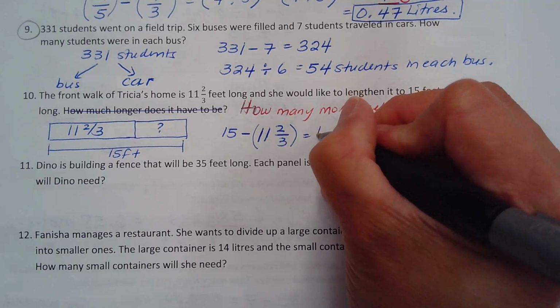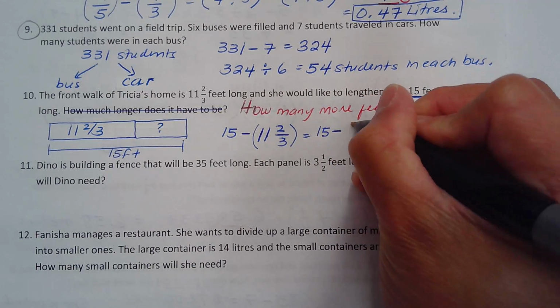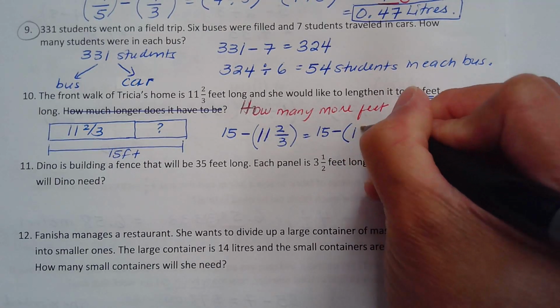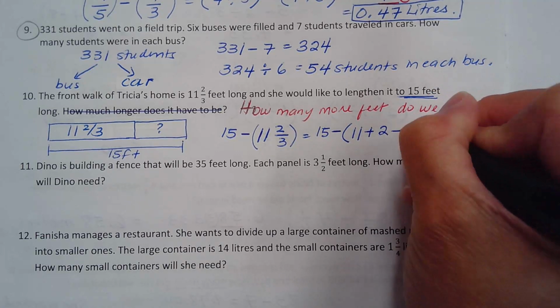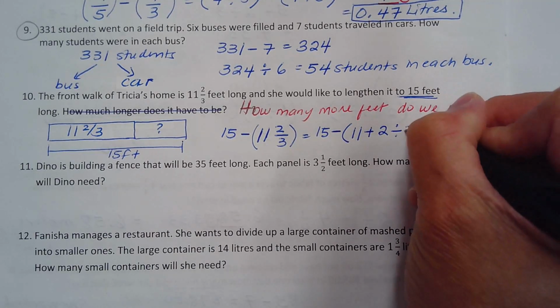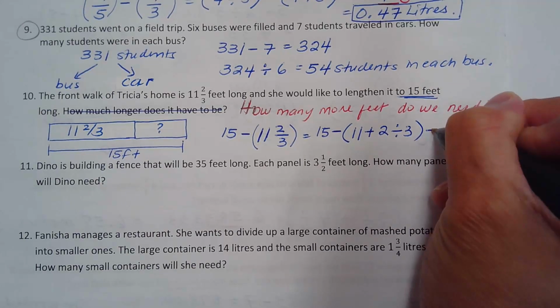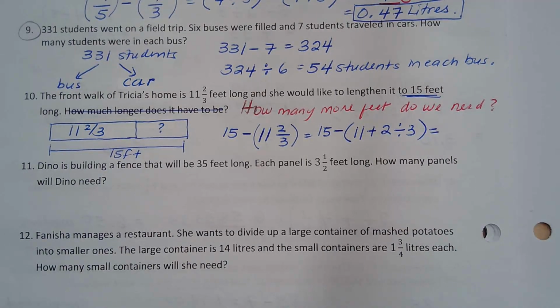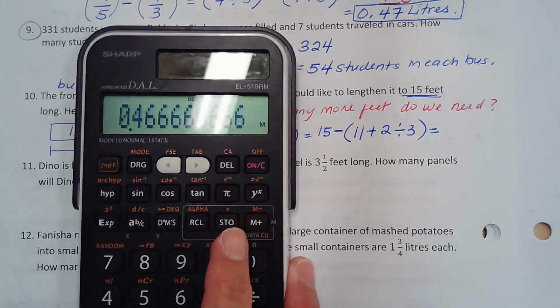Yeah, so I'll write it down here. So 15, subtract, open brackets, 11 plus 2 divided by 3. Okay, so 11 and 2/3. Let's see what number that was. Okay, 3 point something.